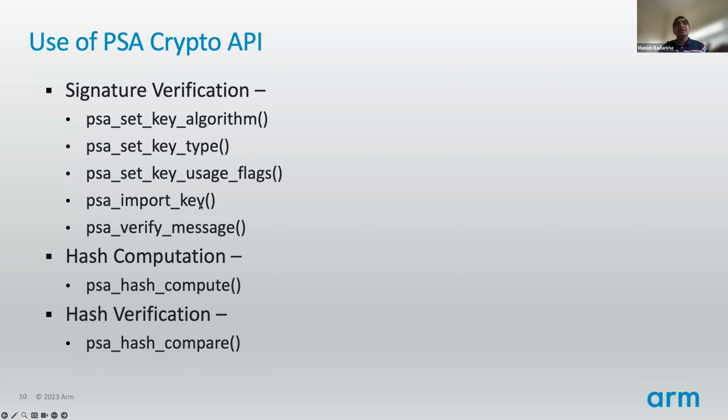PSA import key wants all these things to be done before, so that all the attributes of the key get set, and then this implementation receives one key ID. That key ID then gets used for the subsequent calls to do the verification, hash computation, or hash comparison.